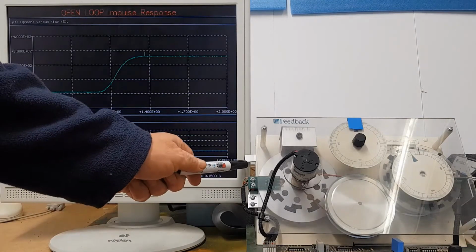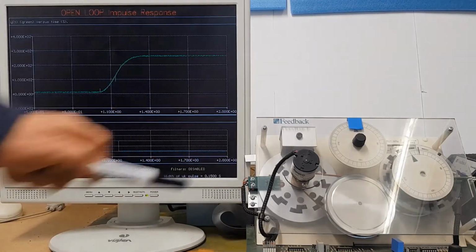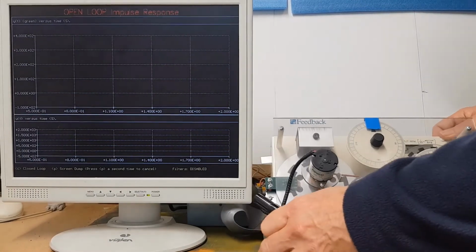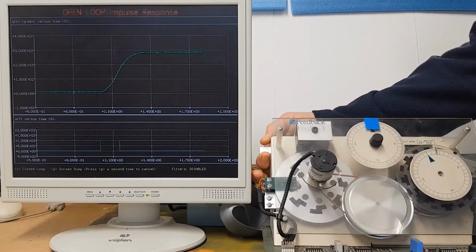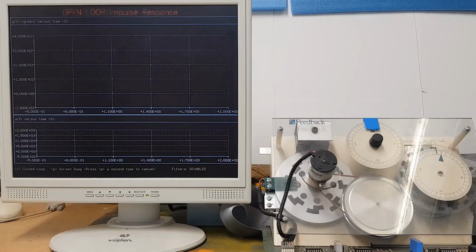I've just noticed this little lever's been pushed down here when I moved it, so it should be at the top. Now it's halfway down, which is messing up our experiment slightly. So when we do the experiment, make sure that this is locked in the top there, otherwise you'll get some wrong results.